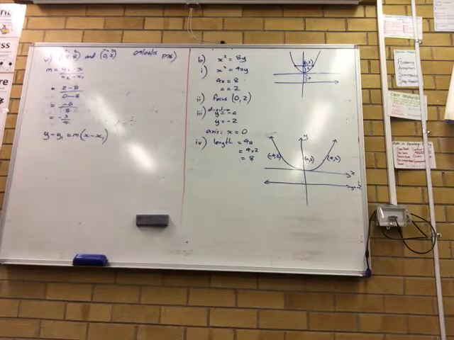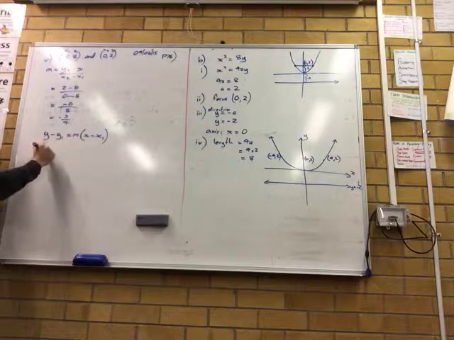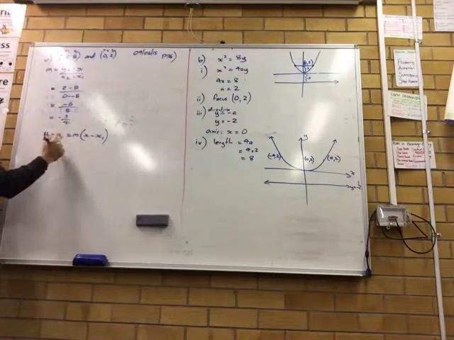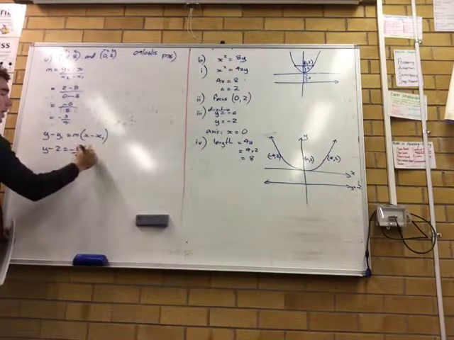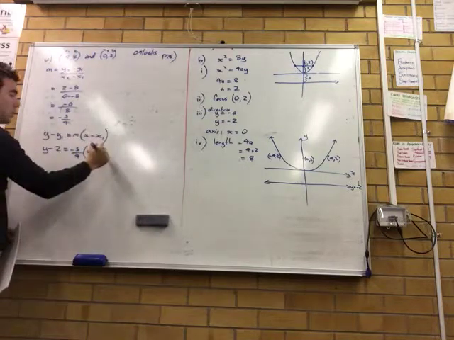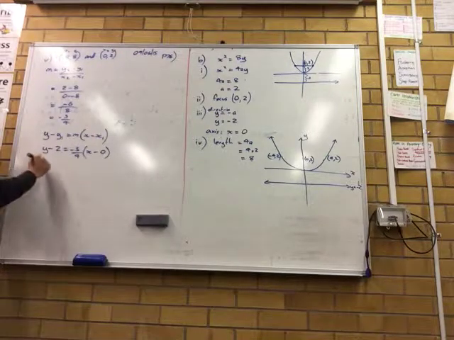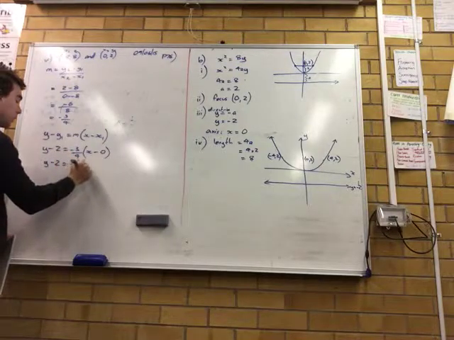Right, so I'm going to use 0, 2. So pick a sensible point. I'm not using negatives, for example, and I'm using a 0 as well. So x1, y1 is the x2, y2 at the top. Y take away 2 is equal to the gradient times x take away x1, which is 0. So y take away 2 equals -3/4 of x.